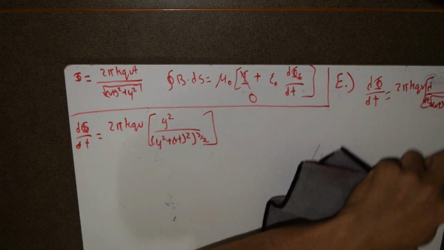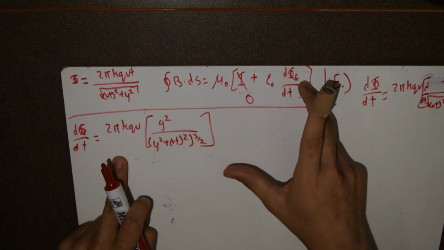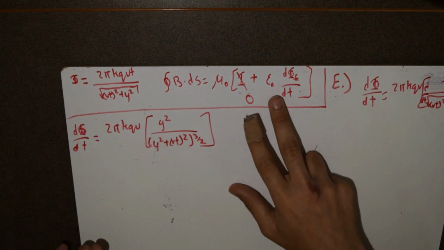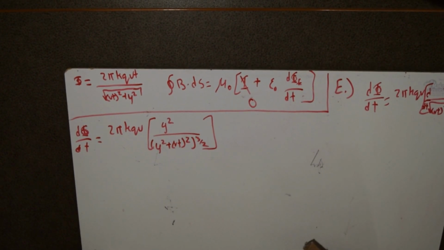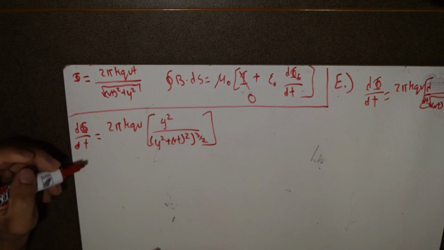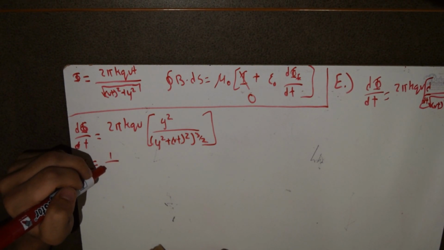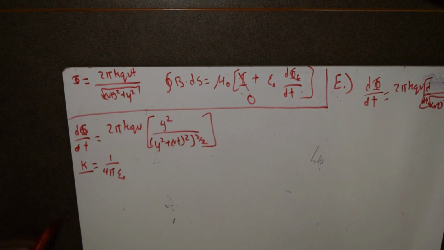I'll make more room, sorry. We don't need to do any more calculations on it. And then we have a mu naught and an epsilon naught multiplied by that. An important thing also to note is that k equals 1 over 4 pi epsilon naught.